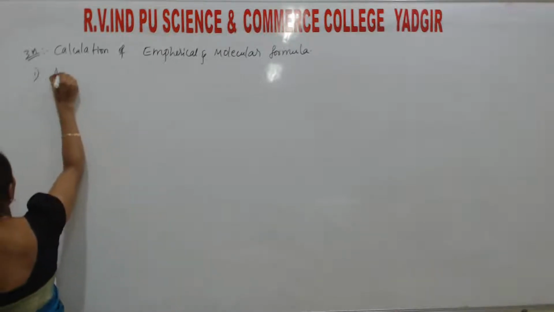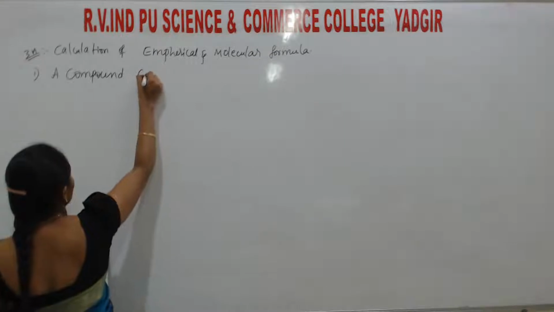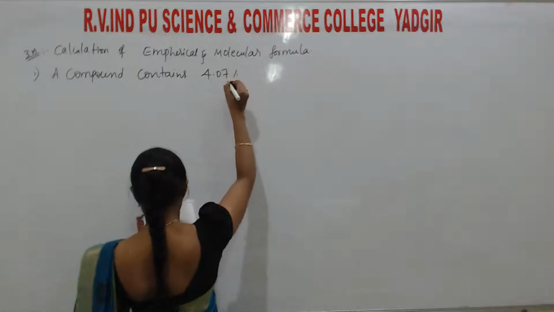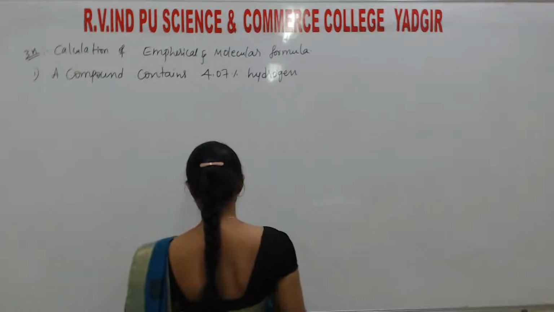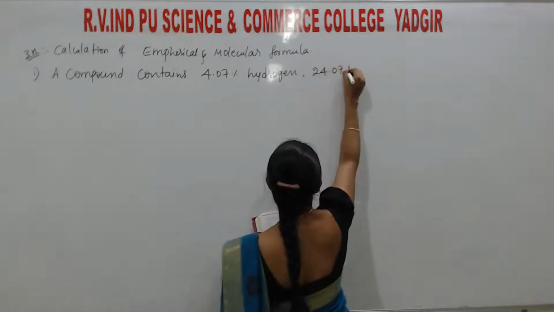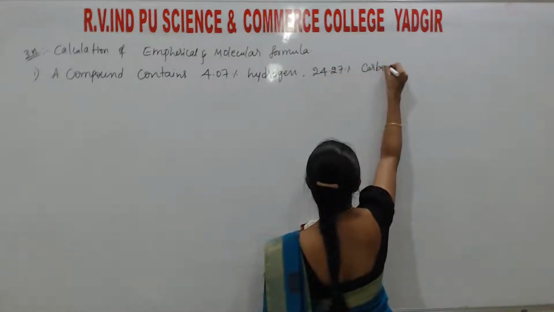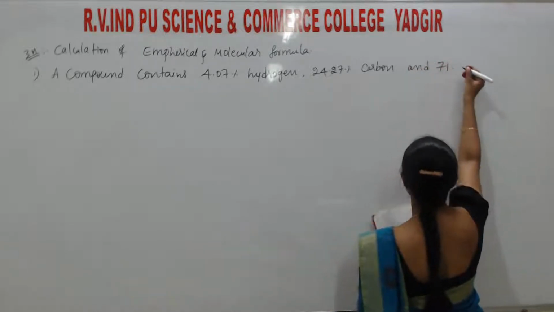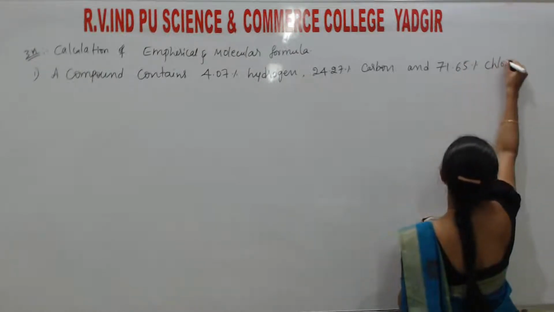First question: a compound contains 4.07% hydrogen, 24.27% carbon, and 71.65% chlorine.